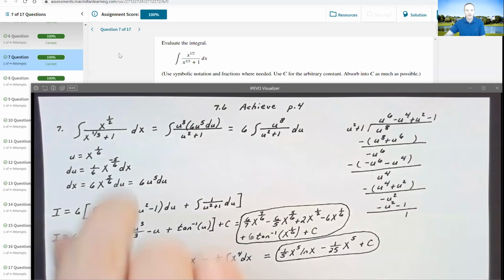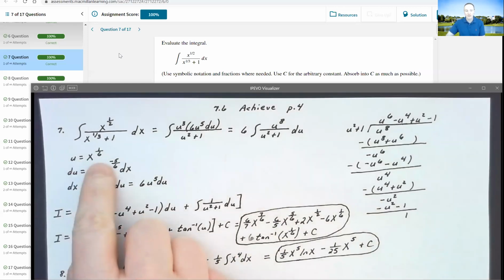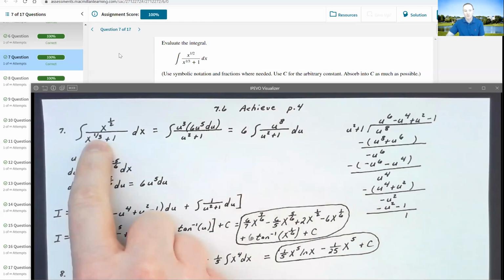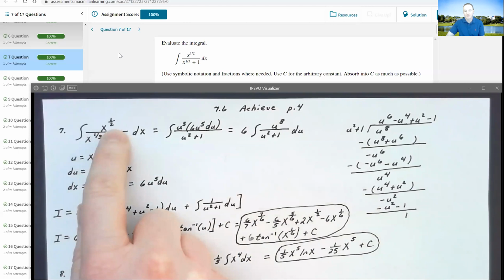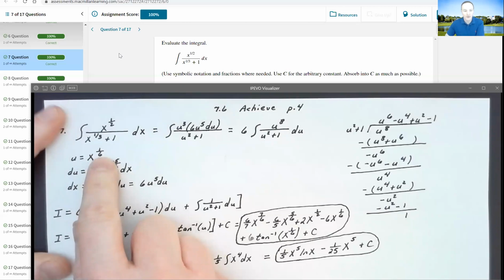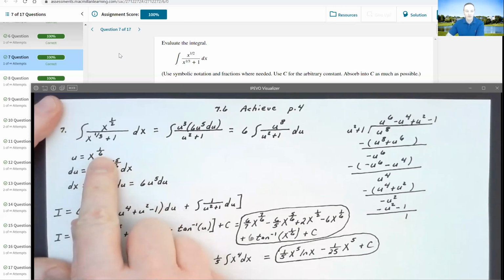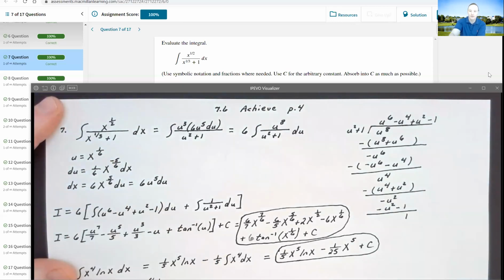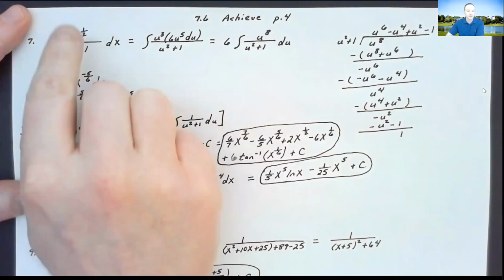If I allow u to equal x to the 1/6, then x to the 1/3 would be u squared, and x to the 1/2 would be u cubed. That'll get rid of the fractional exponents in this problem. It should allow me to work it much more easily. Let me go ahead and make this a large screen.